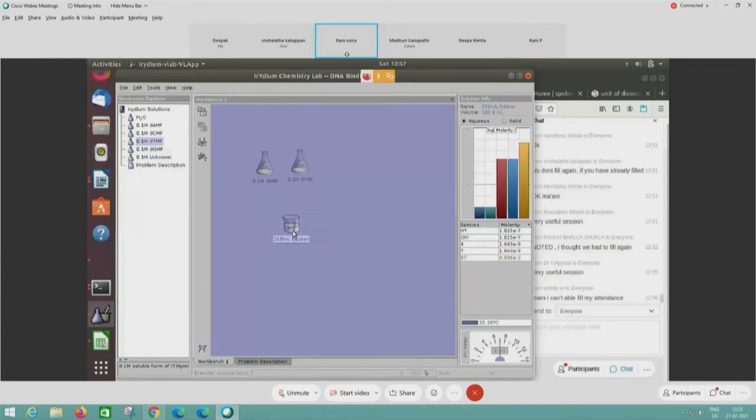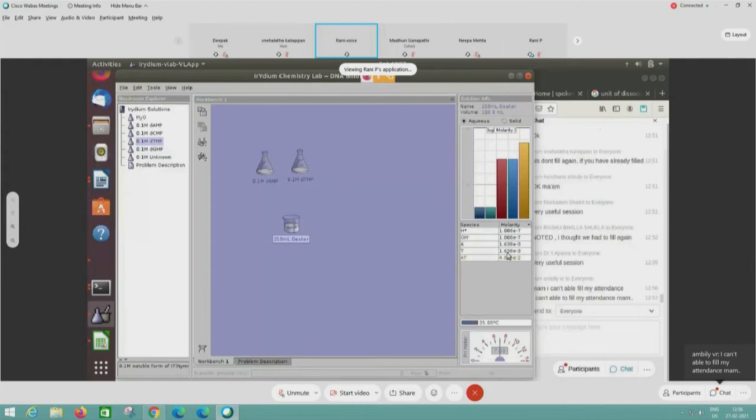So now we notice that in this beaker there are several species because we are forming a complex. The concentration of free A, adenosine, has gone down. Free T has gone down because this has formed a complex of AT.